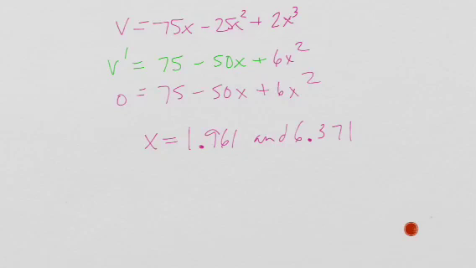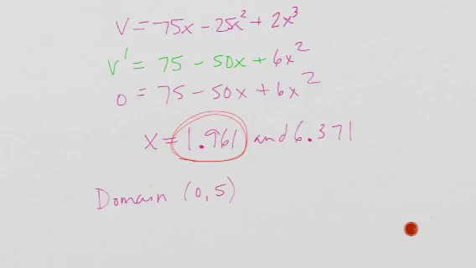I need to know which one is happening, though, over my domain. So that's why the domain question was so important. We said our domain was from 0 to 5. So the only one that occurs from 0 to 5 is at 1.961.